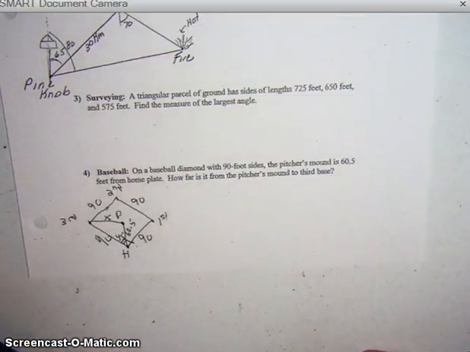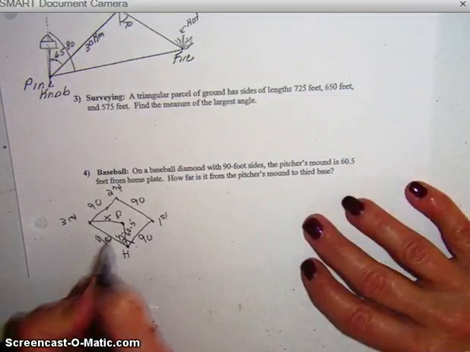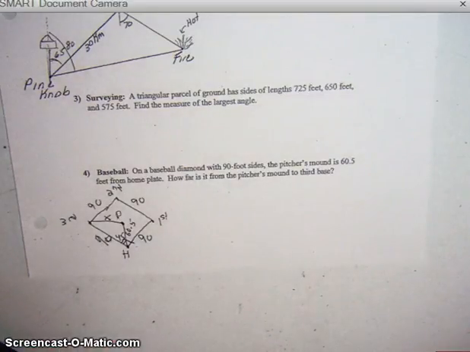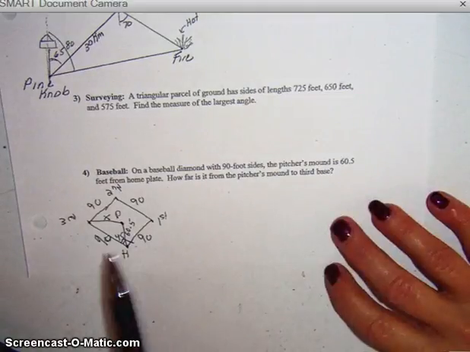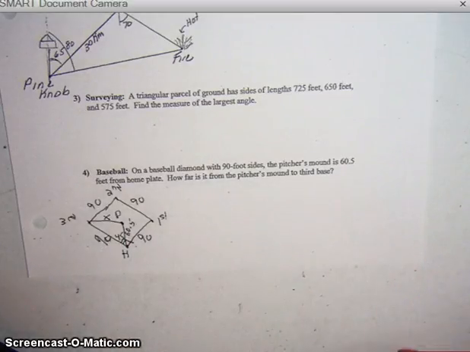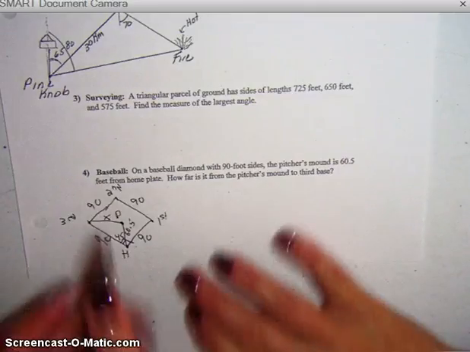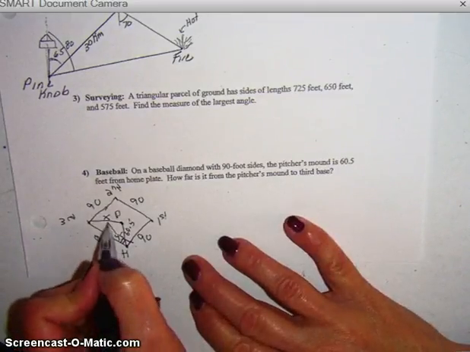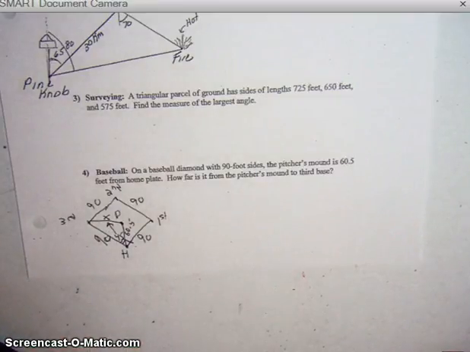Okay. Now, take a look. That's an ugly 90 right there. Take a look at your acronym, and then we'll figure out what we can find. You read the acronym, Brianna. Side, angle, side. All right, so which law do we use for side, angle, side? Law of cosines, and the law of cosines will help us find the side opposite the angle.